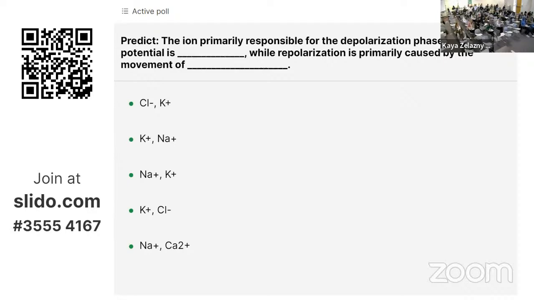So what we want to know is what ion is going to start us off in the depolarization phase of our action potential. Then as our action potential hits a peak, we're going to see that peak going back down to -70. We want to know primarily what ion is responsible for that.